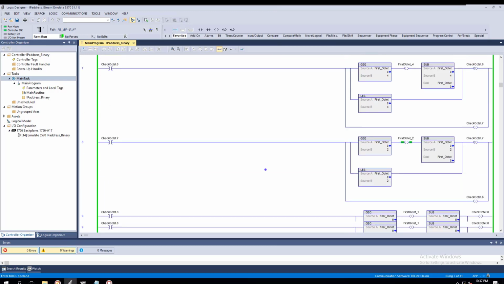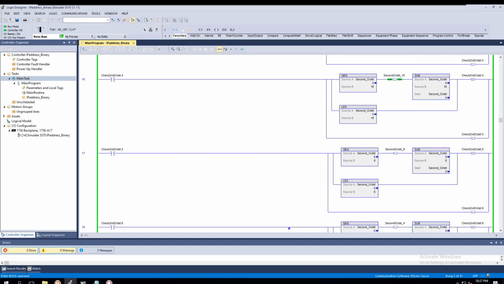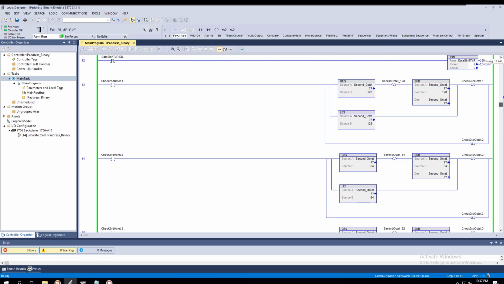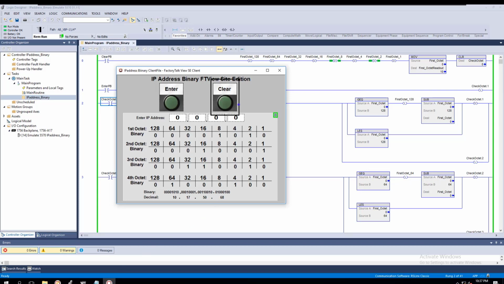So I'm just doing each octet, right? I'm doing all 4 of them when they enter them in, and then loading them in. All the code is basically repetitive, real simple, real easy. It's just a real IP address binary, right? That's what I called it in the HMI app as well.